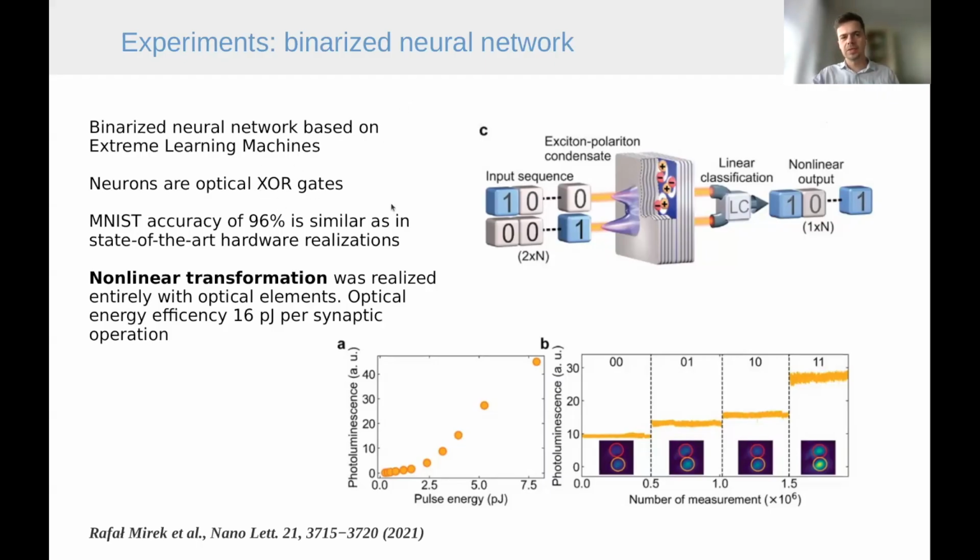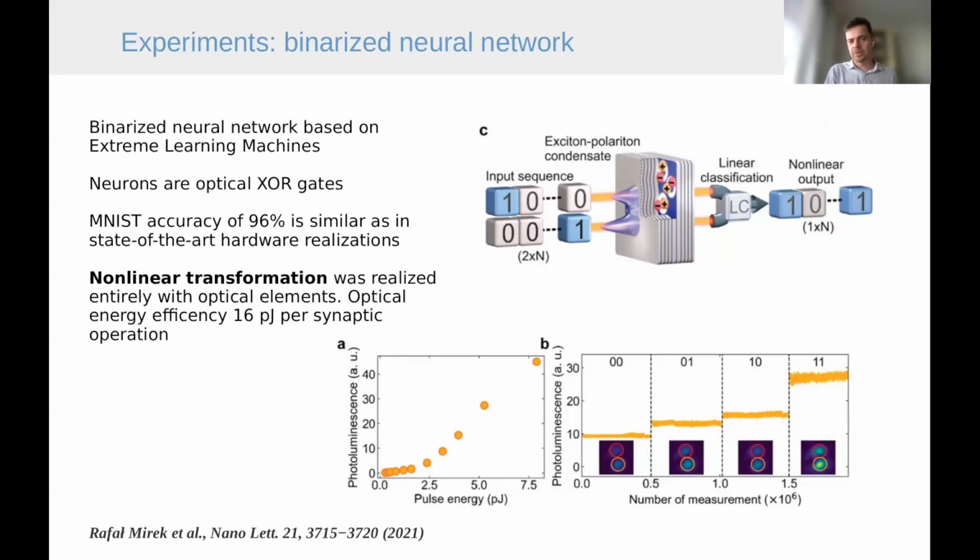And we implemented these exclusive OR gates optically by using the fact that polariton response is highly nonlinear at the condensation threshold. So this is where this condensation actually becomes useful. And in this case, using these optical neurons, we achieved accuracy of 96%. And importantly, all the nonlinear transformations in the systems were realized only with optical elements.